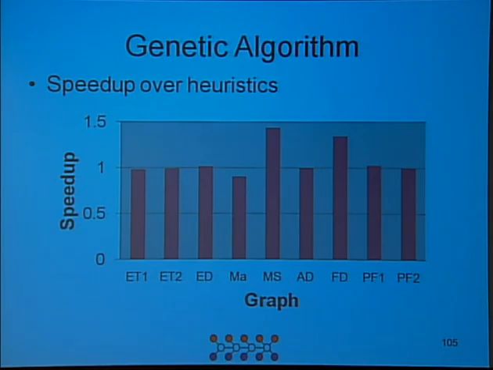Sorry, these are actually different graphs. So I tried a large number of elimination heuristics, and a large number of my heuristics, and then timed them on the graph using real data, and it's the amount of speed up in wall clock time on these variety of graphs.